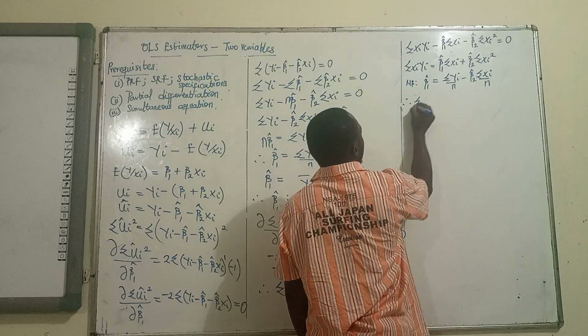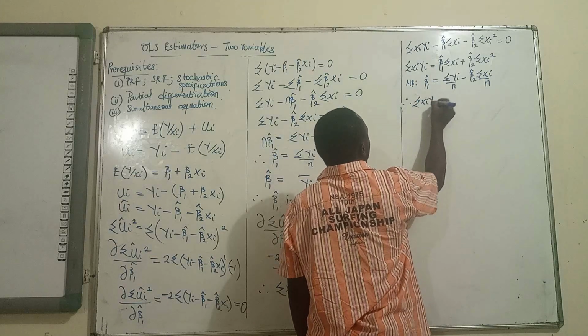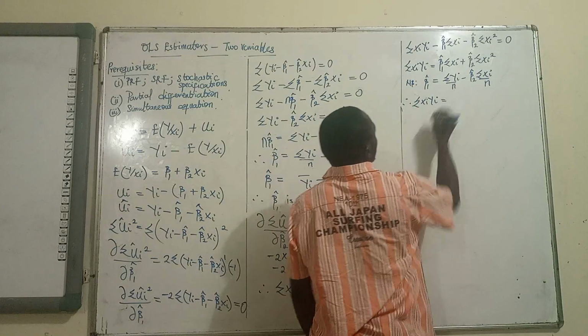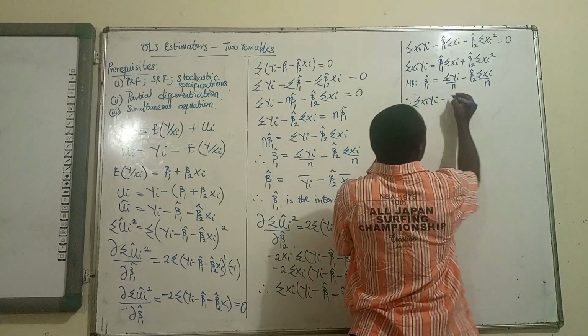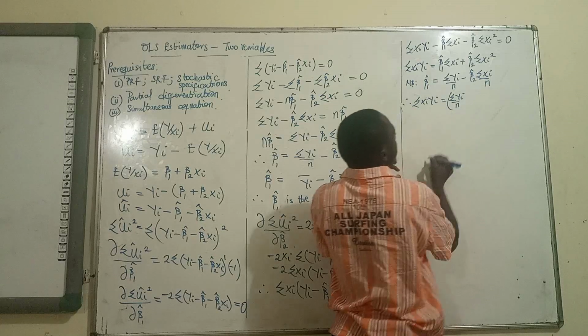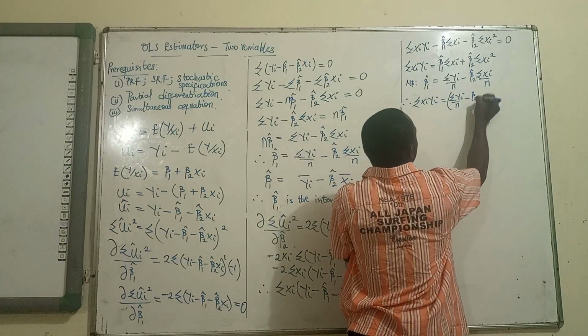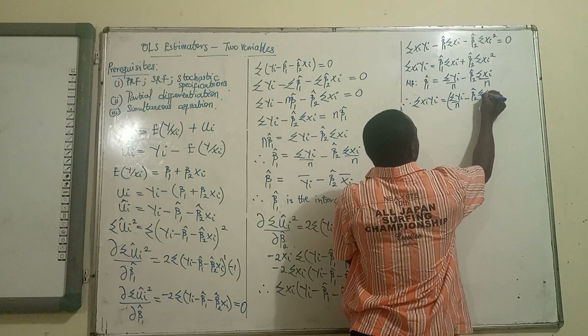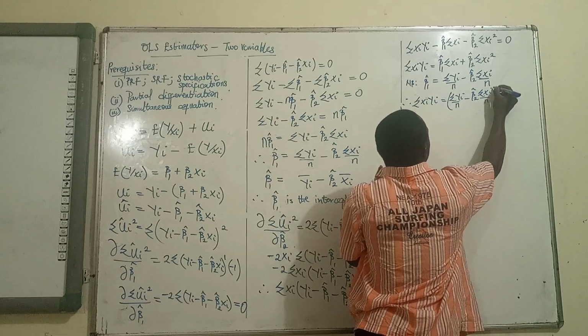Therefore, summation xi yi equals everything here, now beta 1 cap, which is summation yi over n minus beta 2 cap summation xi over n.